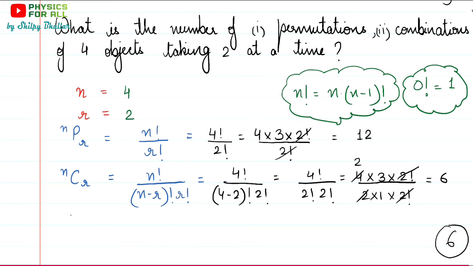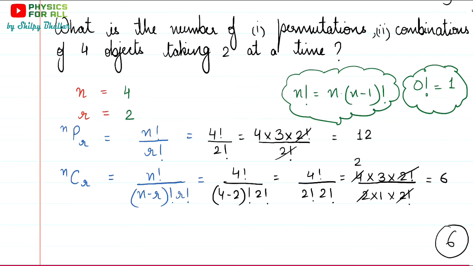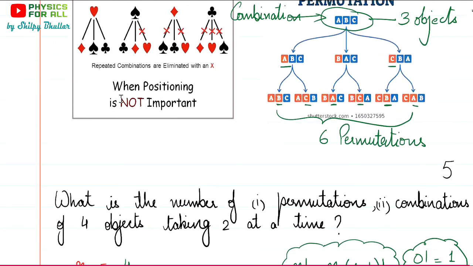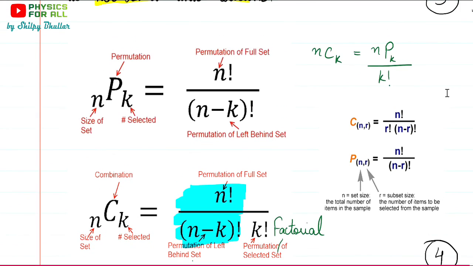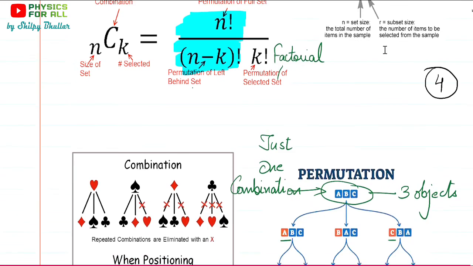And let's see whether this nCr and nPr satisfy the relation that we studied. What was that relation? This is the relation, page number 4: combination is equal to permutation upon the factorial of selected objects.